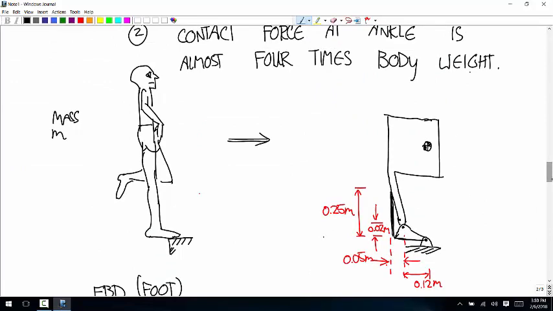In order to keep this thing from just tipping over, the muscles and tendons between your heel and your lower leg have to apply a pretty big force. And the bigger that force is, the more that tendon is pulling the two bones together. So your ankle is having to deal with not just the weight that's pushing the two parts of the leg together, but the weight and additionally the fact that that tendon is pulling even harder on those two. And that's where that big factor comes from.